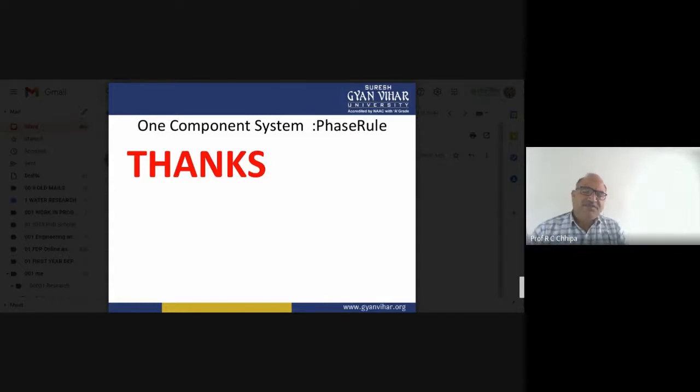However, here only the one component system was expressed, but two or more component systems are also there.